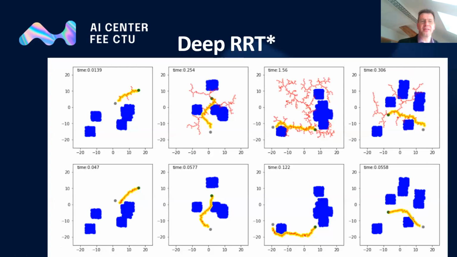Then another objective of another PhD student of mine is deep RRT star. And this is an algorithm that here on the top you can see RRT star. It grows as a tree. So sampling-based motion planning. The blue things are the obstacles, and you can see that the tree is quite large. If you use a neural network and train it, then you can see in some cases you can minimize the time.